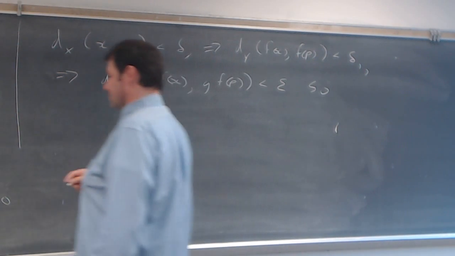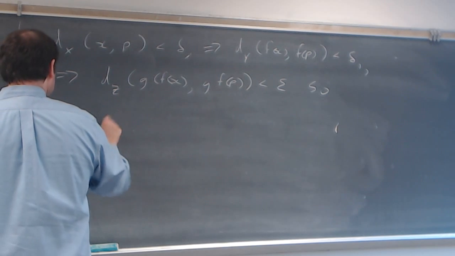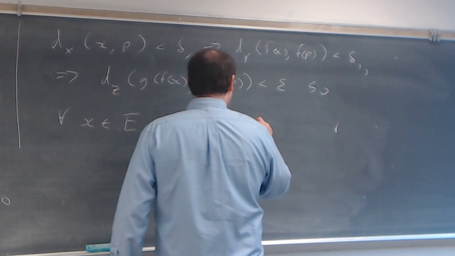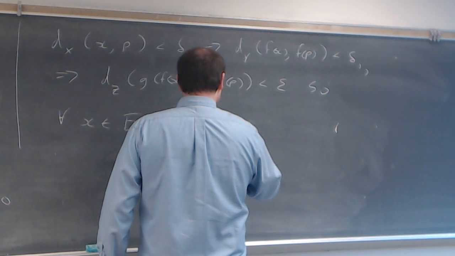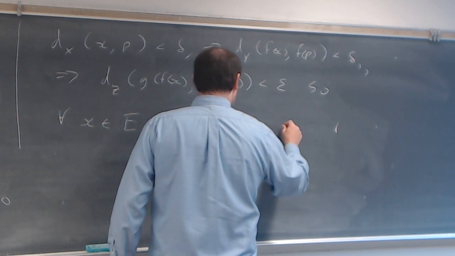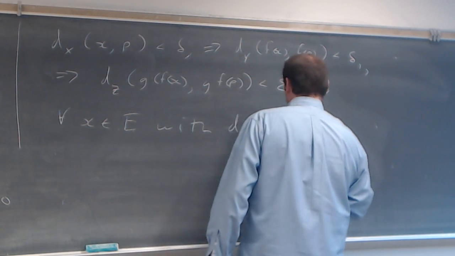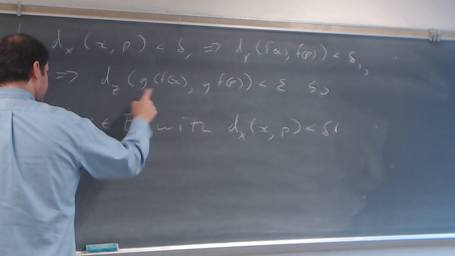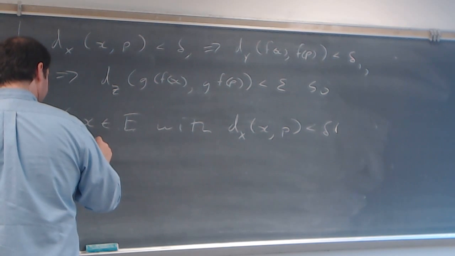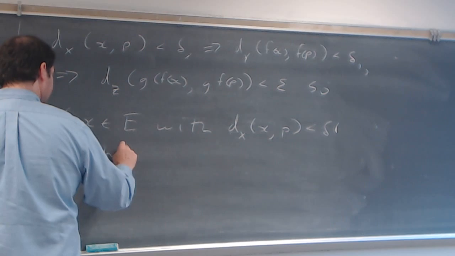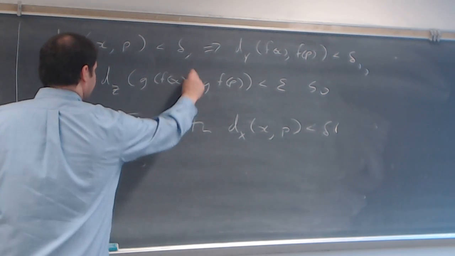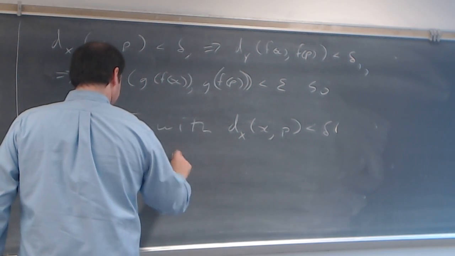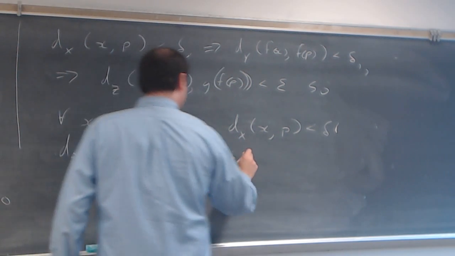So, writing this in terms of h, for all x in E with the distance in x between x and p being less than this particular delta, we have this conclusion, which written in terms of h would say the distance in z between h of x, that's what h of x is, and h of p, because that's what h of p is, will be less than epsilon.